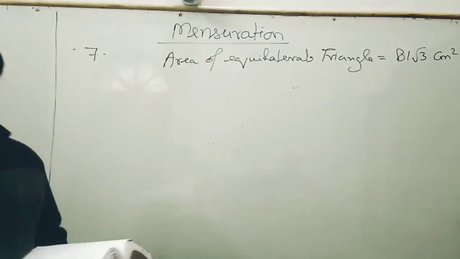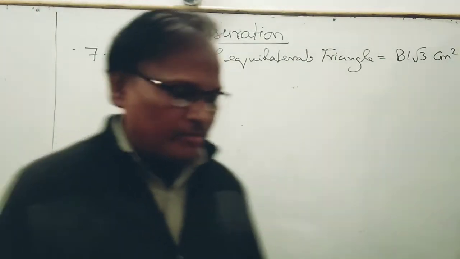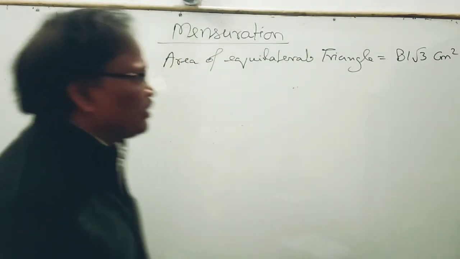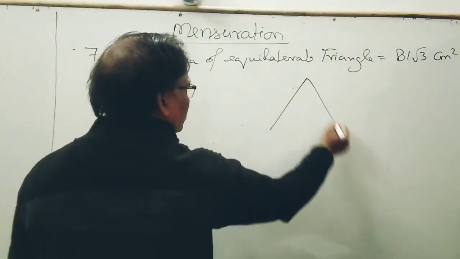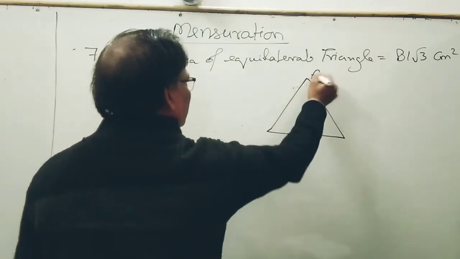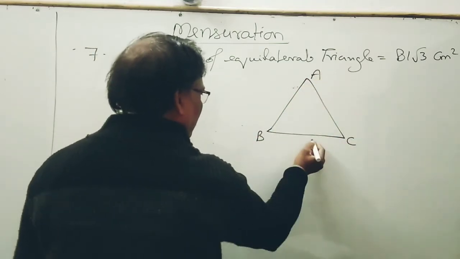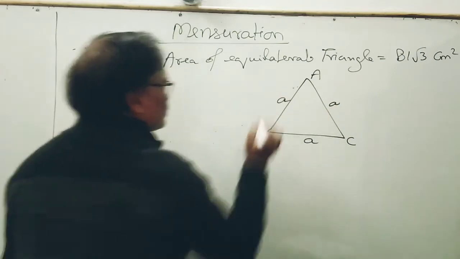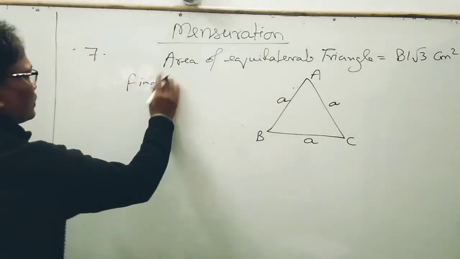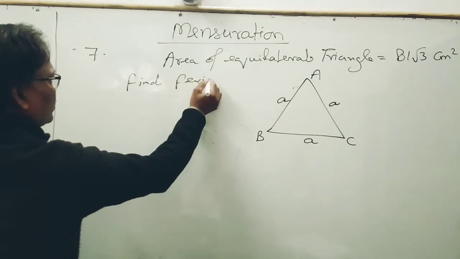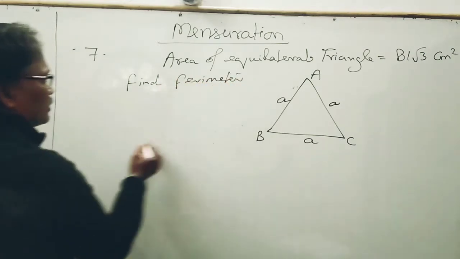It is given. You have to find the perimeter. How to find the perimeter of the equilateral triangle? As you know, this is the equilateral triangle, means all the sides are equal, and you have to find the perimeter.